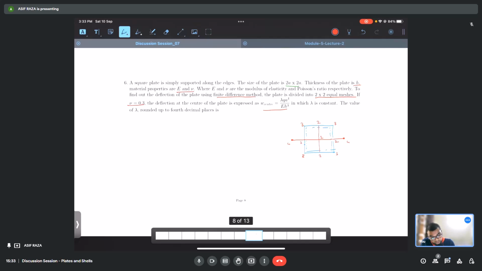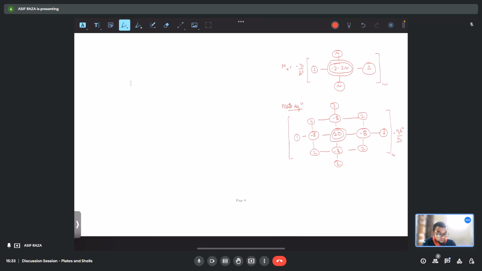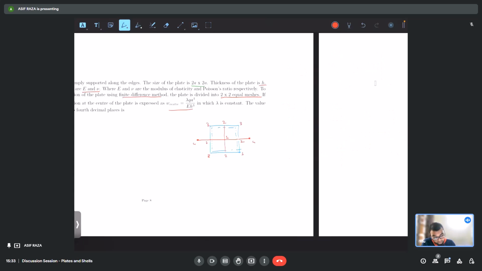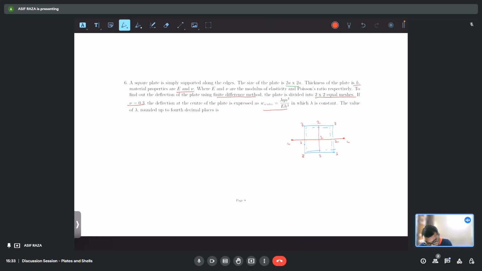Now we know the Mx is given by this using finite difference method. Mx at 1. It's okay.